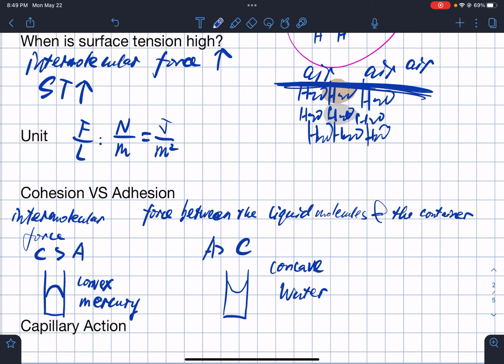That's capillary action, and it is always in opposition to gravity. Another example is plants absorbing water from the soil. The water rises up the stem of the plants. That's how plants can absorb water.